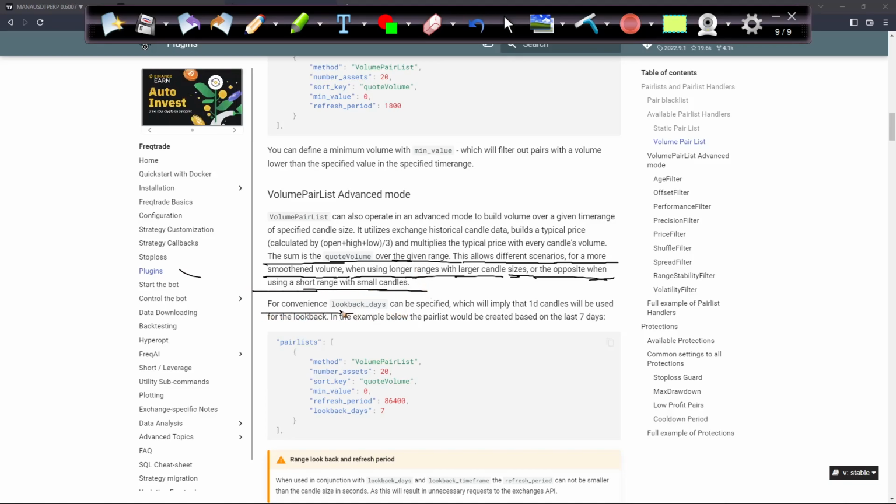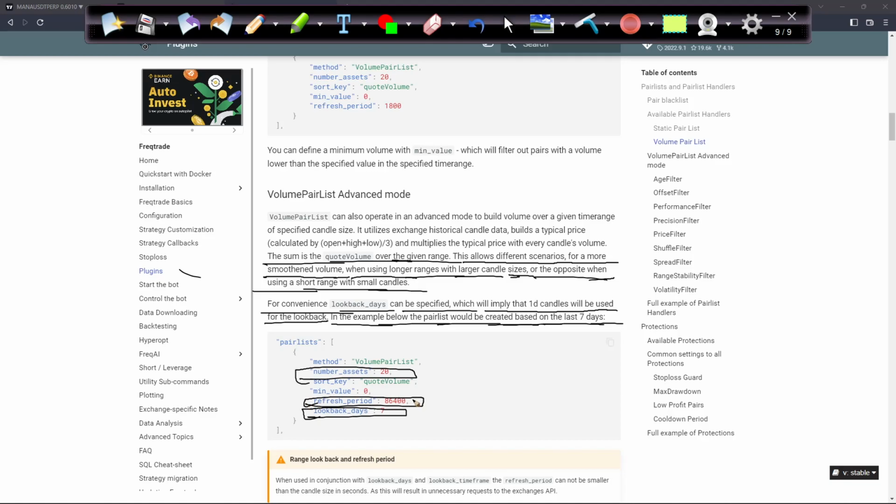So for convenience, look back days can be specified, which will imply that 1 day candles will be used for the look back. In the example below, the pair list would be created based on the last 7 days. So look back days is 7 days, and we want to get 20 assets. Refresh period is this much time, minimum value is this, and we want to filter it with quote volume. Method is our volume pair list.